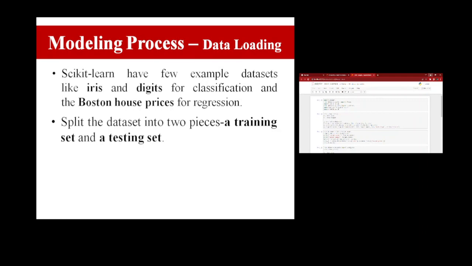And once the machine is trained, we use the testing set to understand whether the machine is giving the right reply or not. So for that purpose, we have to split the data. Of course, once data is uploaded, we have to split the data.